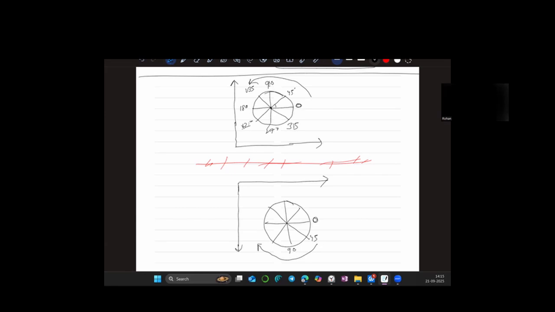And I think from here onwards you can figure out the pattern. 90, 135, 180, 225, 270, and 315. This is how it will look. And to test our theory, let's now go back to the p5.js sketch and we'll code this one and see if this works.